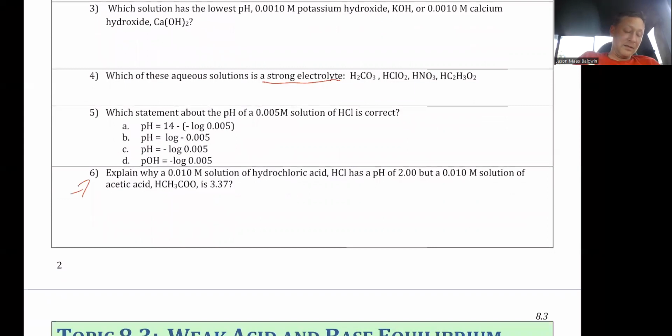And then for something like this, why does a 0.01 molar solution of hydrochloric acid have a pH of 2, but one of another acid like acetic acid, vinegar, is 3.37? That's just because it's a weak acid, so it only partially dissociates. And if you're wondering, well, how do I figure out the pH of a weak acid? Oh, baby, ice, baby, is back.